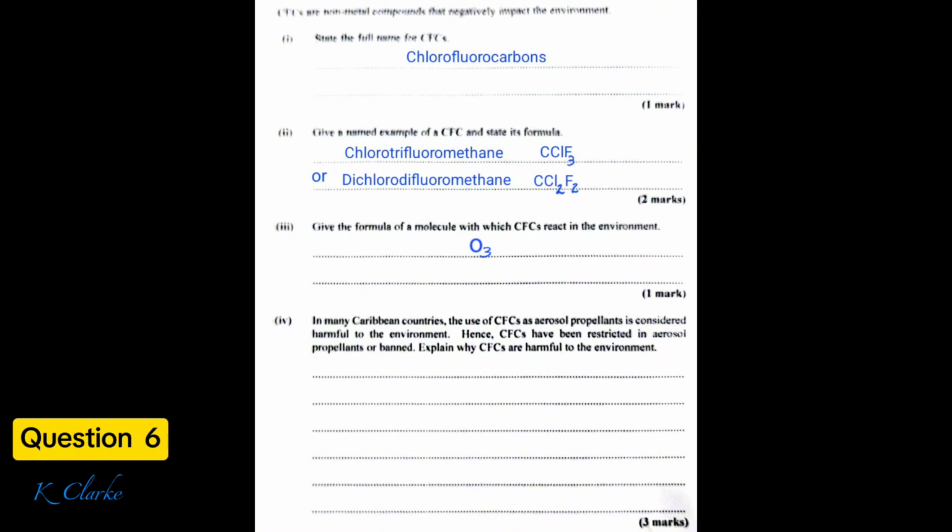Part 4. In many Caribbean countries, the use of CFCs as aerosol propellants is considered harmful to the environment. Hence, CFCs have been restricted in aerosol propellants or banned. Explain why CFCs are harmful to the environment.